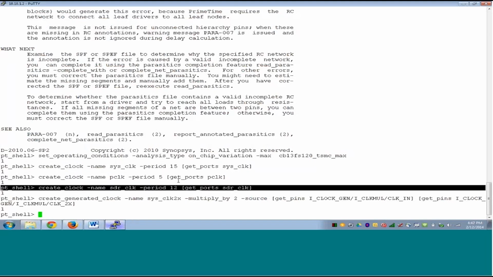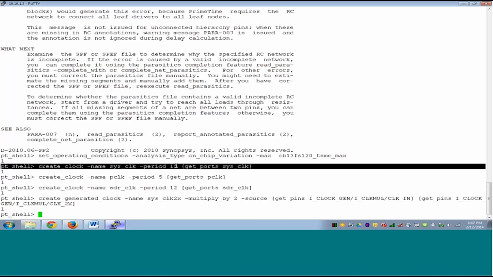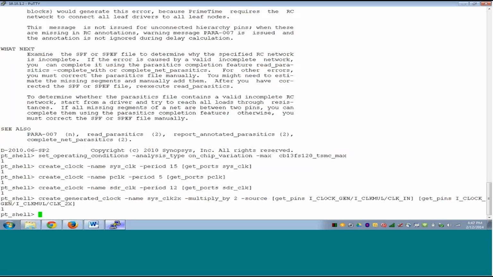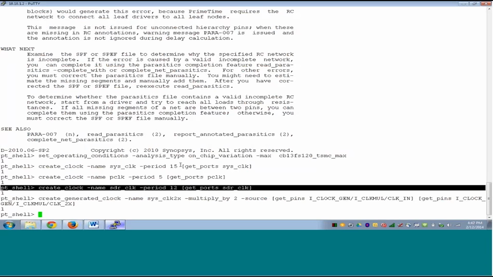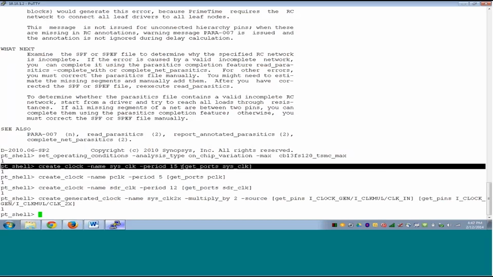You don't assume that they are either asynchronous or synchronous. However, one thing is clear: the periods for 5 and 15 are a simple multiple, but for 5 and 12 it's not a simple multiple. Even for 12 and 15, it's not a simple multiple. So one thing you can deduce from the frequencies itself is whether they are synchronous or asynchronous.